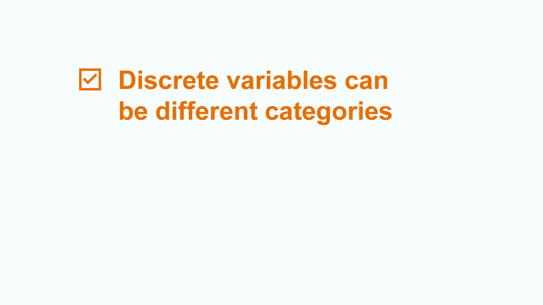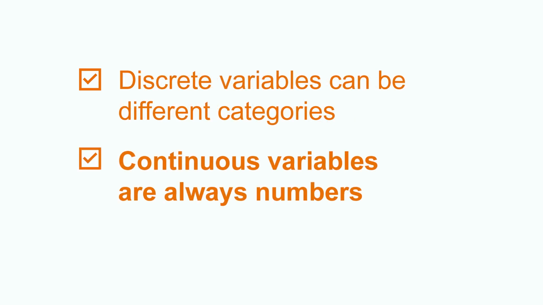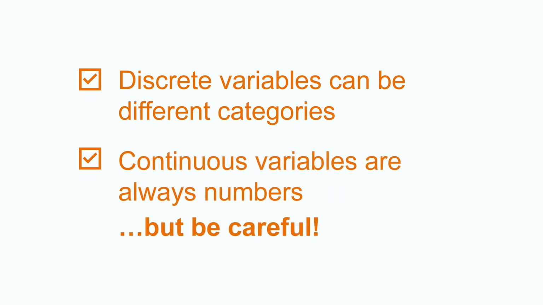A lot of times, discrete variables are different categories, something like colors or plant species, or anything that can be categorized with word descriptions. Continuous random variables are always numbers, and usually decimals rounded off to the nearest handful of digits. But be careful.